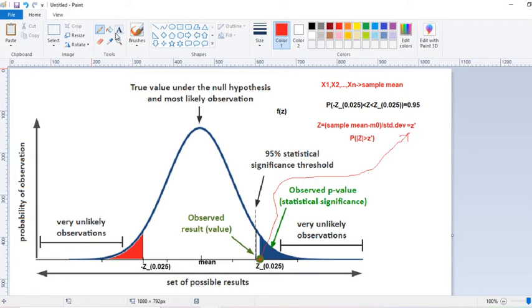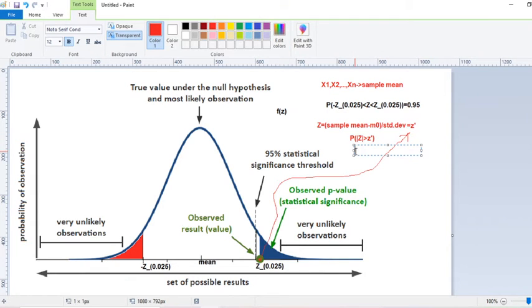Then what we have to do is find the probability of mod Z greater than Z dash. This is the area under the curve. That means you are finding two probabilities and adding them. What are the probabilities?